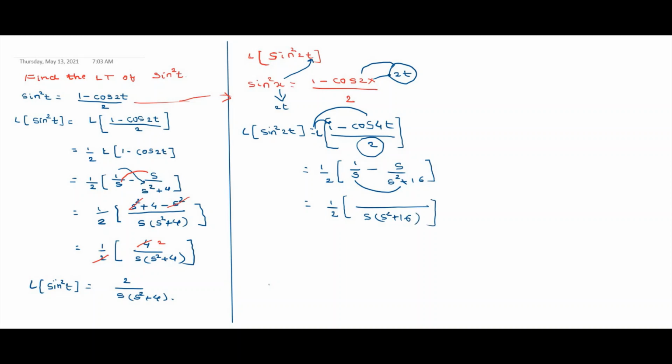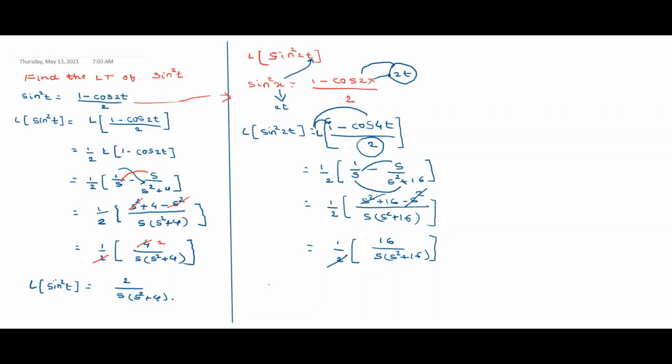By using cross product, 1 into s square plus 16 is s square plus 16, and s into minus s is minus s square. Plus s square and minus s square cancel. So we are left with 1 divided by 2 into 16 divided by s into bracket s square plus 16.